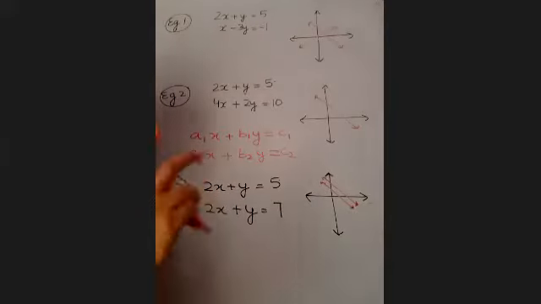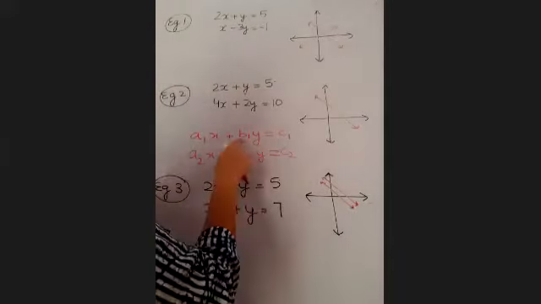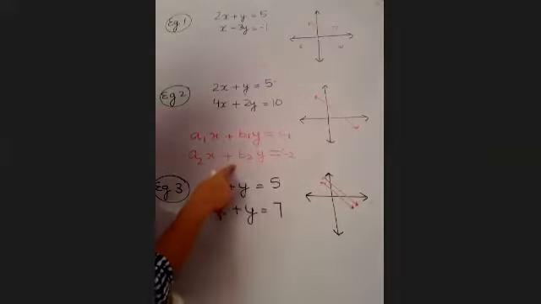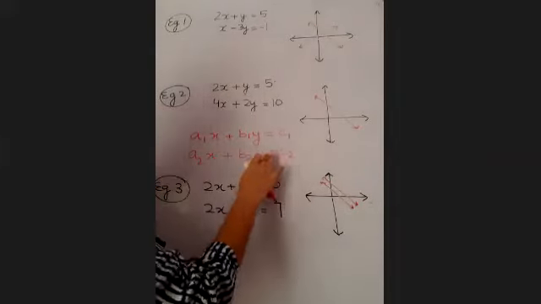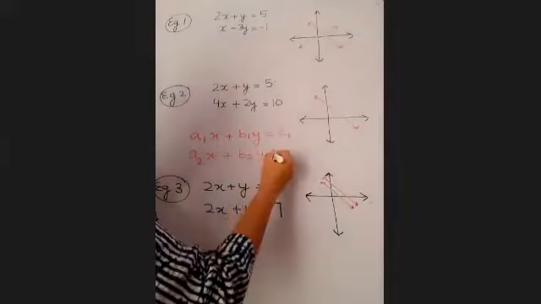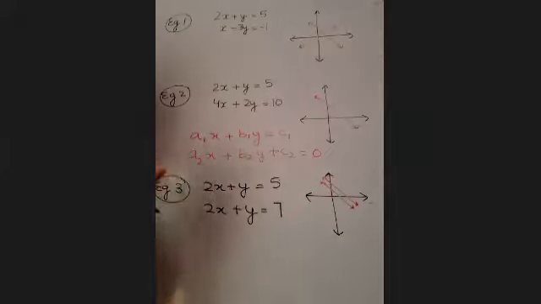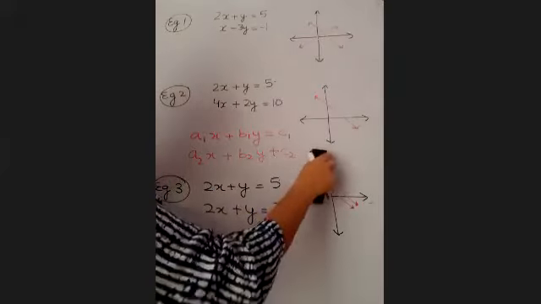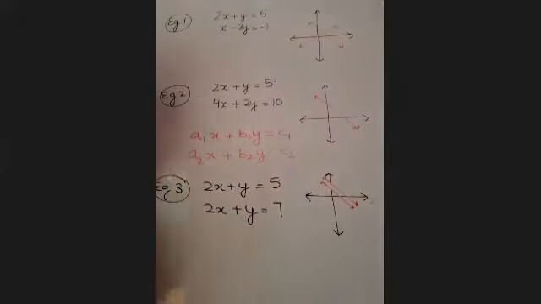But you have to make sure that either both the equations are in this format or the previous format. You will not do something like this, that in one equation the constant is on the right side and in another it is on the left side. No. It has to be similar.